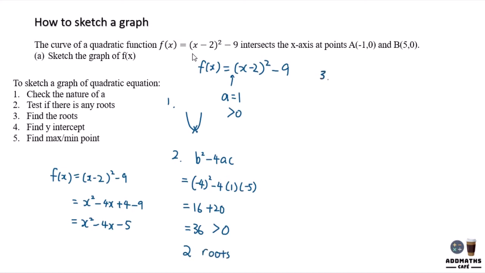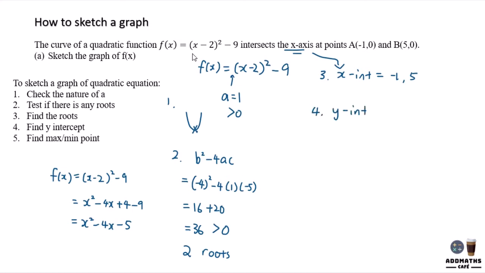So I need to find my x-intercept, which is the roots. And I know that intersecting the x-axis here means the x-intercepts are at negative 1 and 5. So my x-intercepts are at negative 1 and 5. And 4, I need to find the y-intercept.